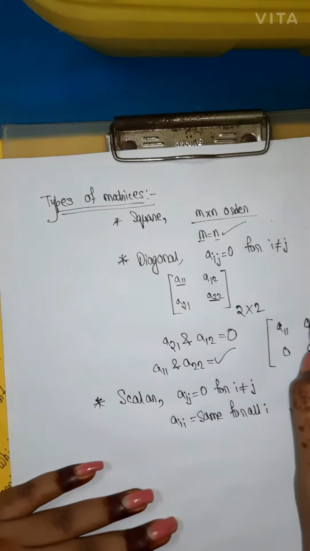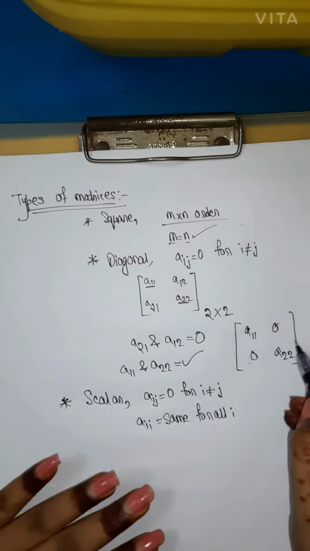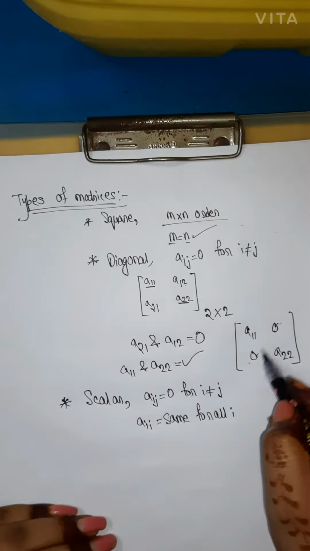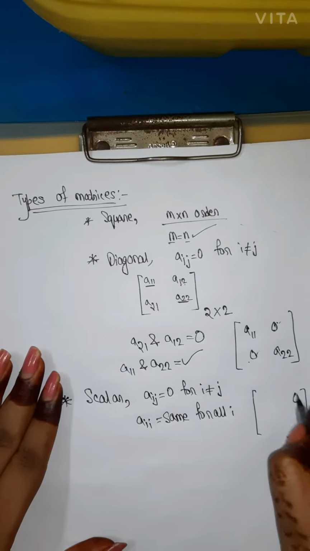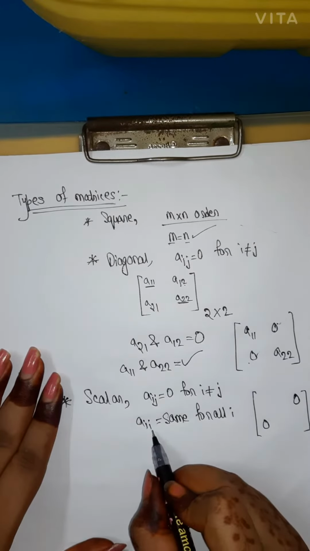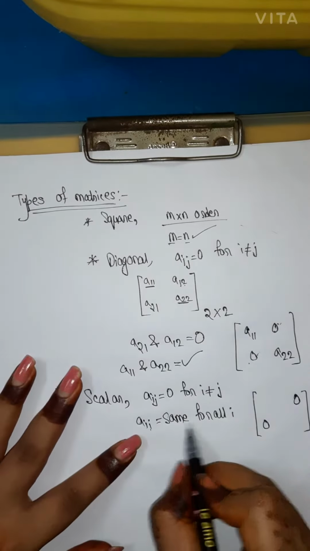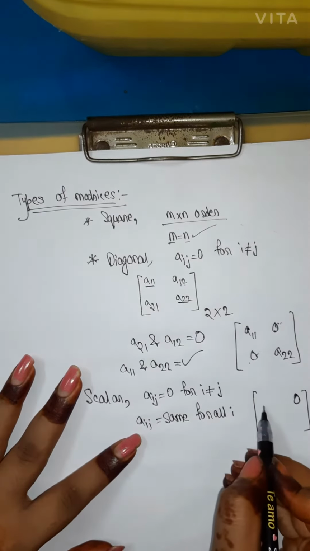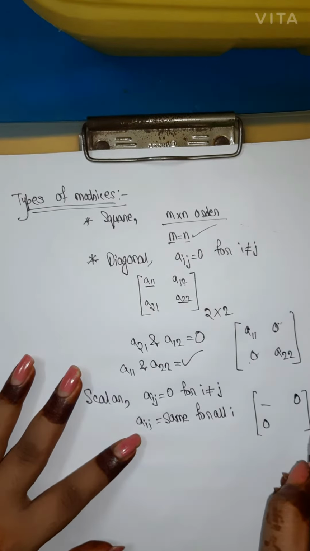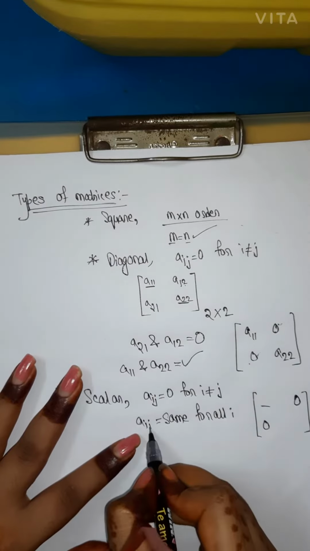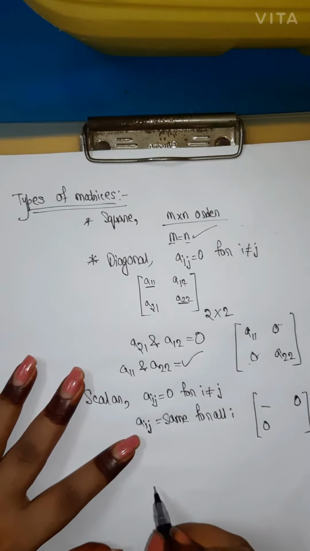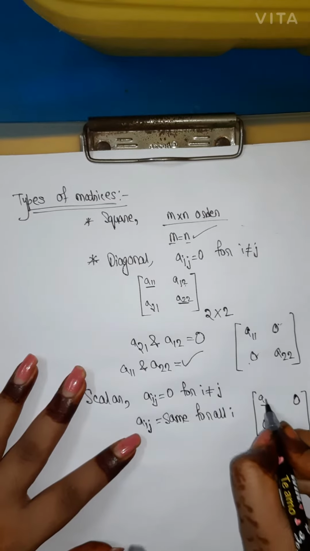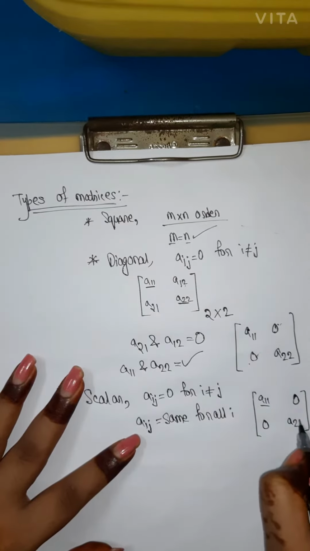Similarly, for a 2 cross 2 matrix, both of these off-diagonal elements will be 0, but Aii is the same for all i. For the diagonal elements, we will have A11 and A22.